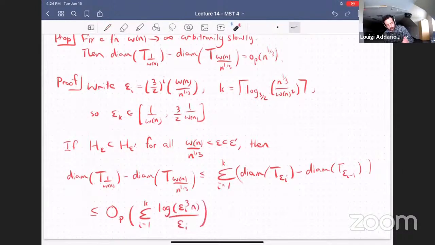Here is one more step where I'm being a little bit uncautious, because I have a bound of this form for each of these summands, order p log epsilon cubed n over epsilon. Each of these summands individually is unlikely to be much bigger than this order.